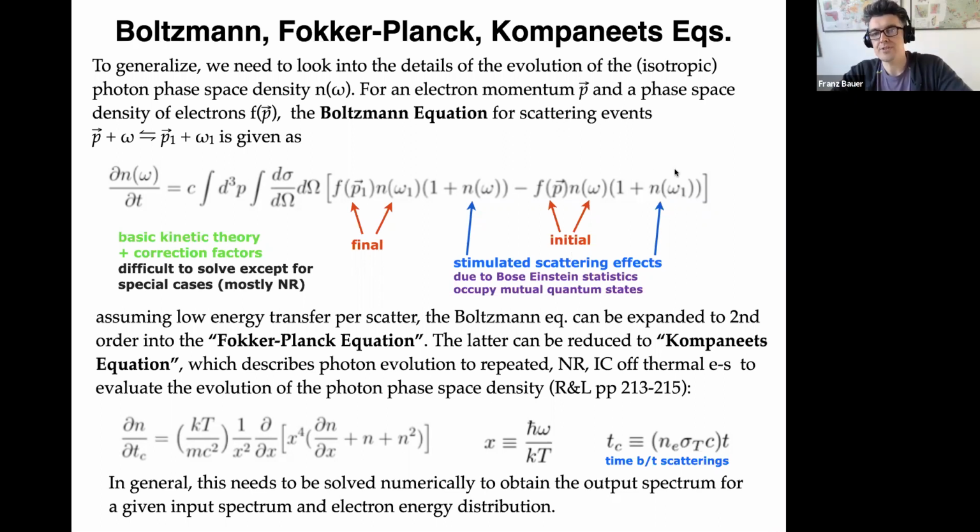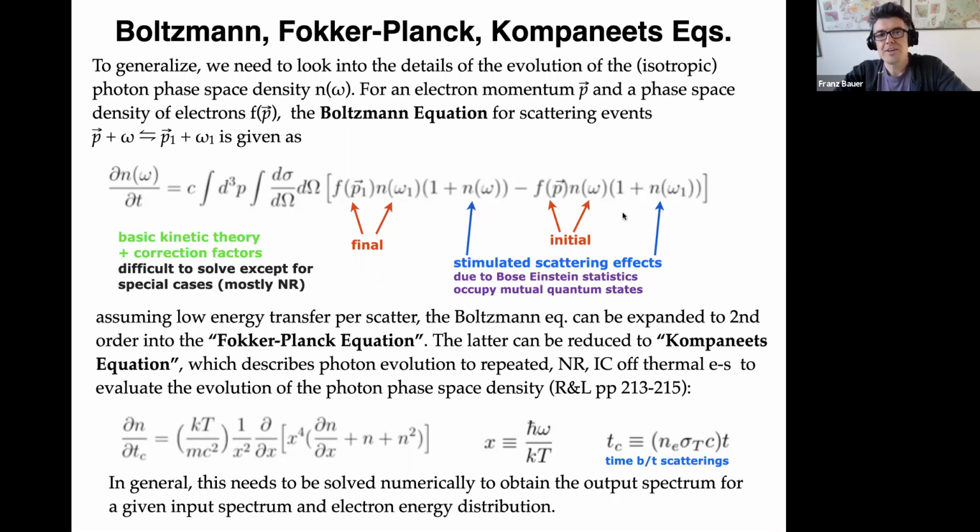So there's this extra term here, which comes in here and here, because you have some interplay between the upscattered photons and the initial ones. You have both terms here that will balance.